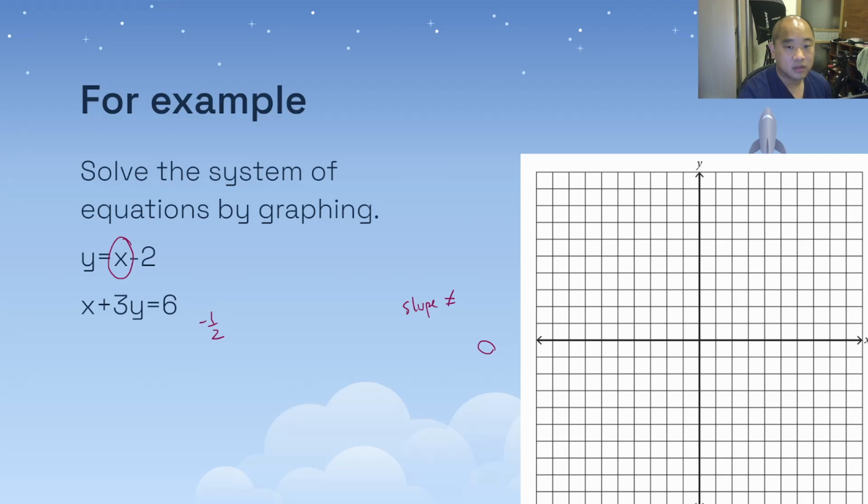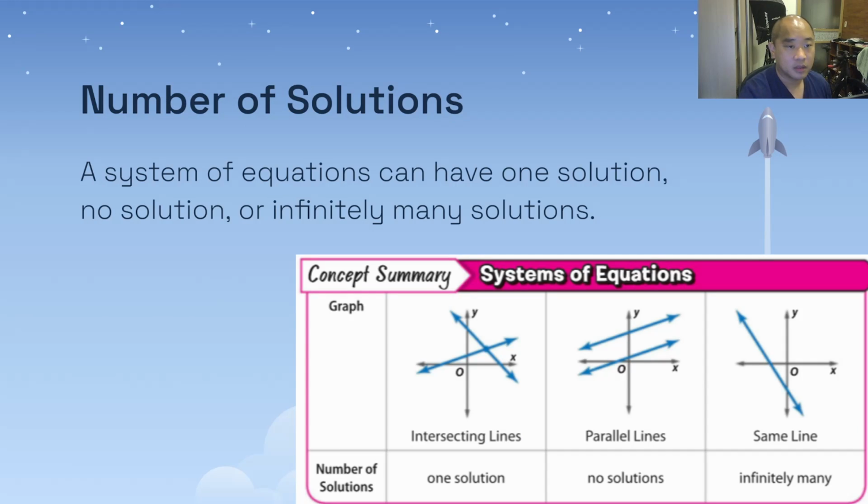Here the slope was 1, and here the slope was -1/3, right?